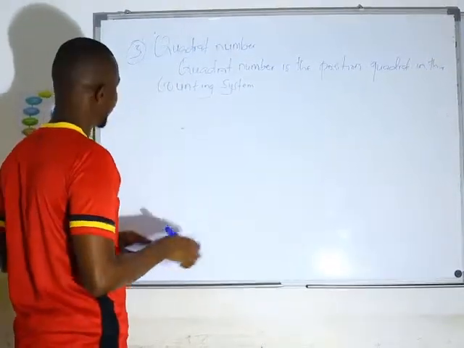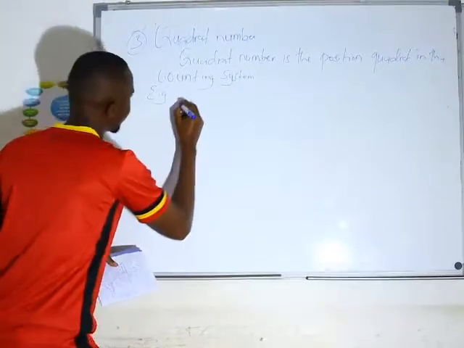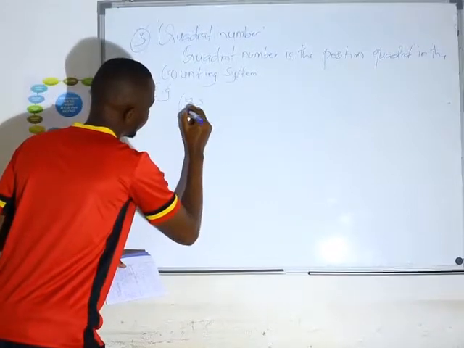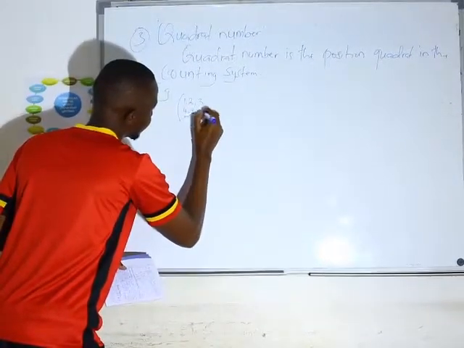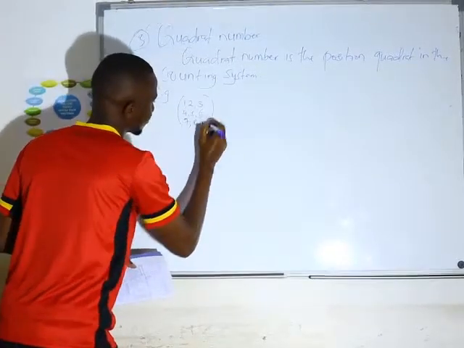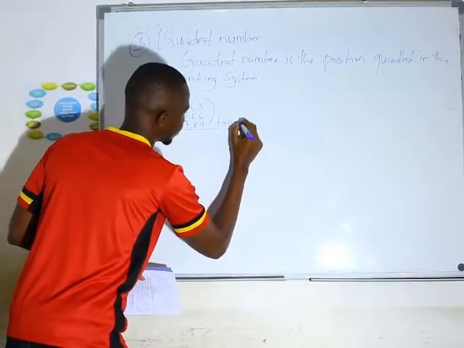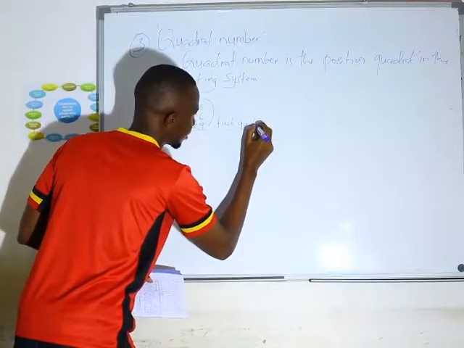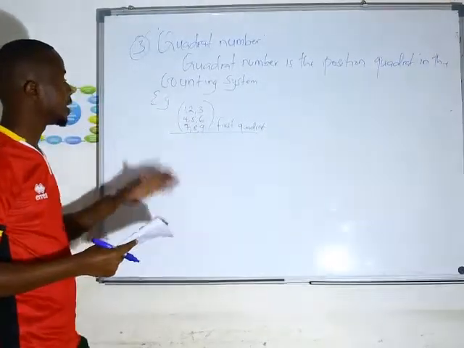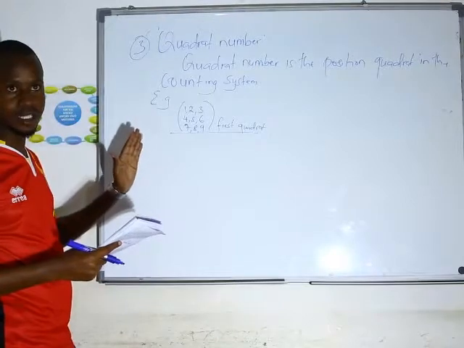So, for example, Iggy, when we write 1, 2, 3, 4, 5, 6, 7, 8, 9, this is termed as the first quadrant. It is the same quadrant used as the numeric locator, used as the basis of all numbers in the counting system.